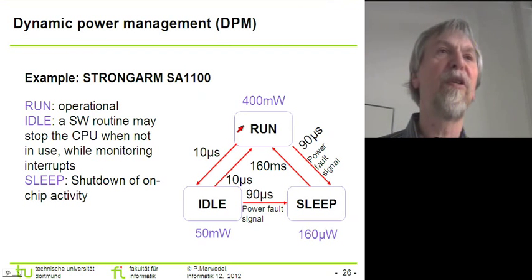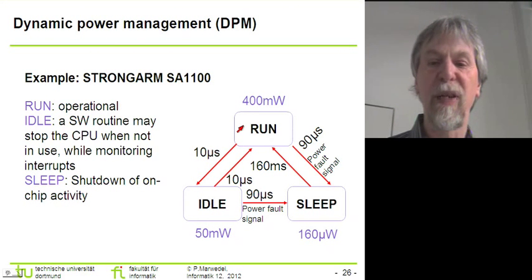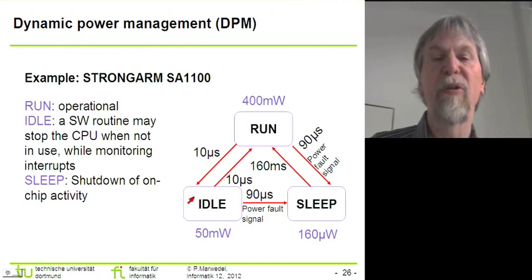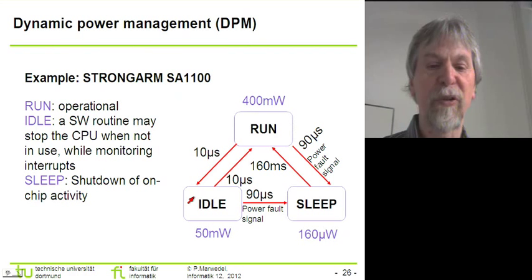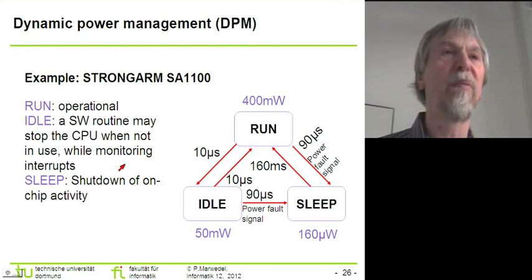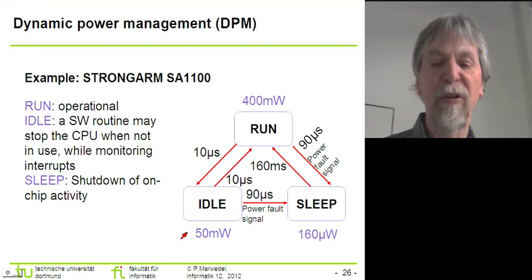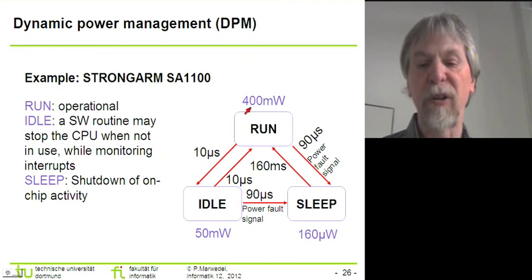However, if there is nothing to be done, then we can use less power. So that is, for example, possible with the strong ARM processor, where we can put the processor into so-called idle mode, where the processor is waiting for some software routine to wake up the processor again. And this is feasible if the processor is consuming only 50 milliwatts instead of the initially 400.